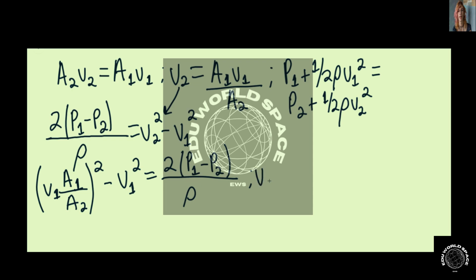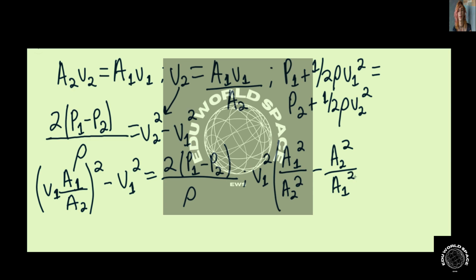So V sub 1 squared times A sub 1 squared divided by A sub 2 squared minus 1. And then this equals 2 times P sub 1 minus P sub 2 divided by rho, the density.